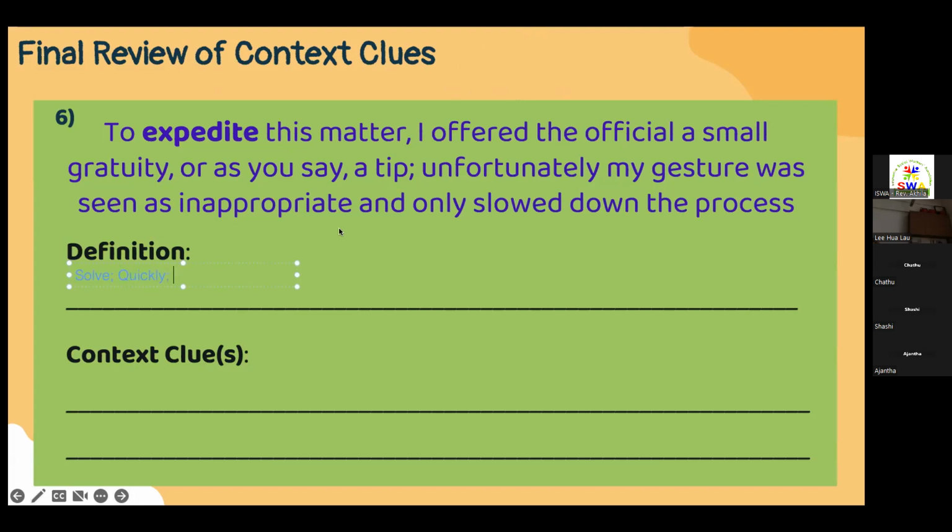Okay, so Dama, Sashi, how do you figure out that this is quickly or this is solve? Which part in the sentence do you refer to that makes you arrive at the conclusion that it's solve or quickly?